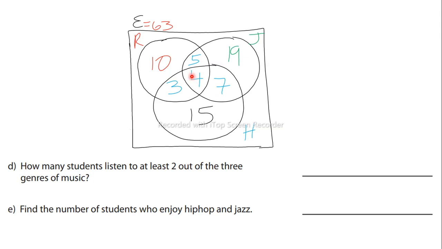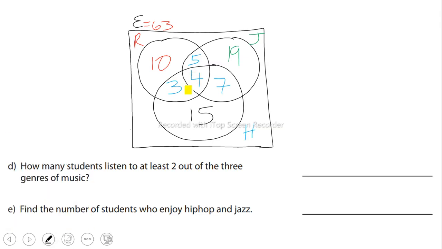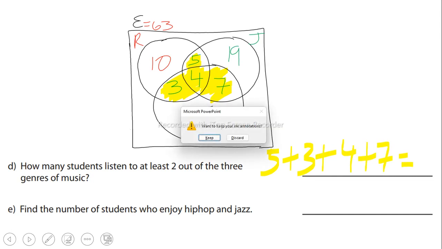So we're looking for the ones in the intersection: 3, 4, 5, and 7. So 5 plus 3 plus 4 plus 7 equals what? 19.